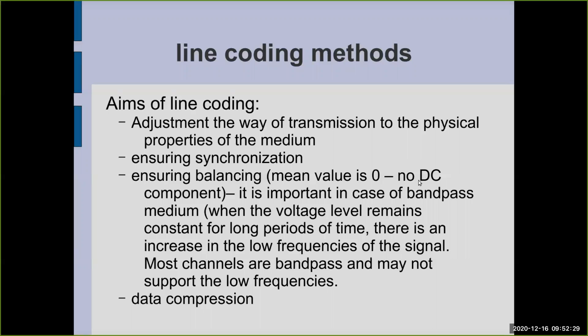Why is it so important? Because if we have a DC component in the signal, for example in a wire, the current flows, and we don't want it. It may generate, for example, magnetic effects we want to avoid, and so on.